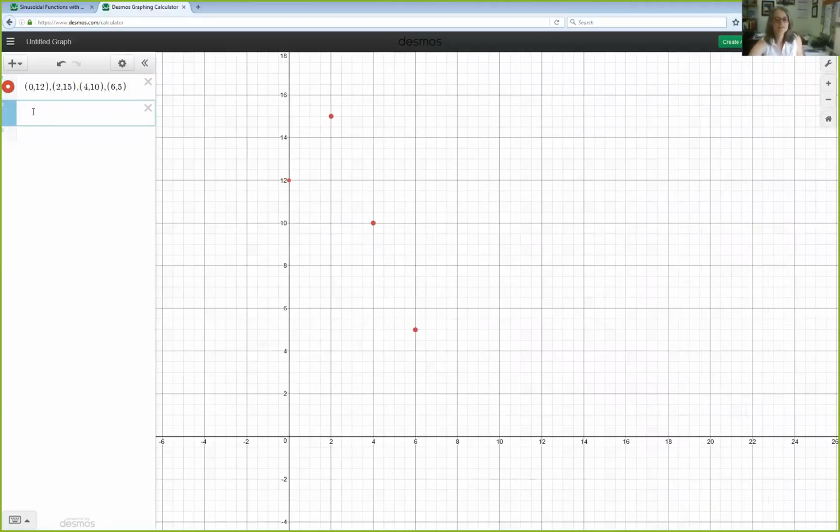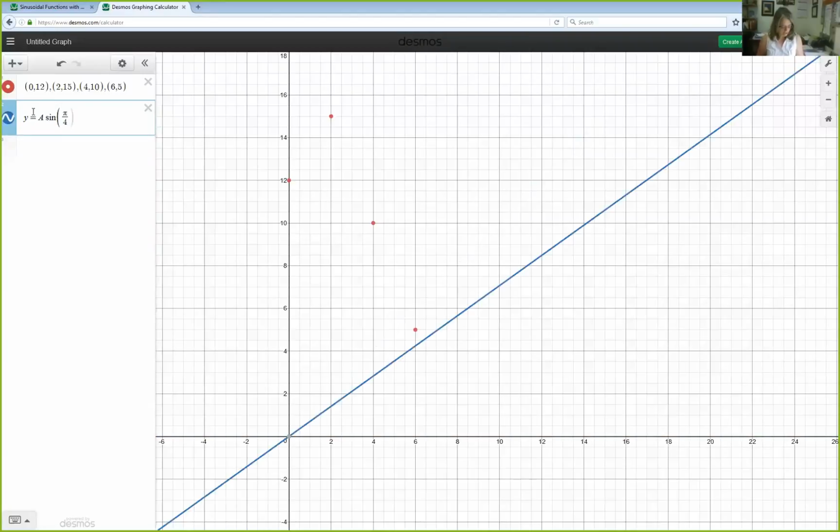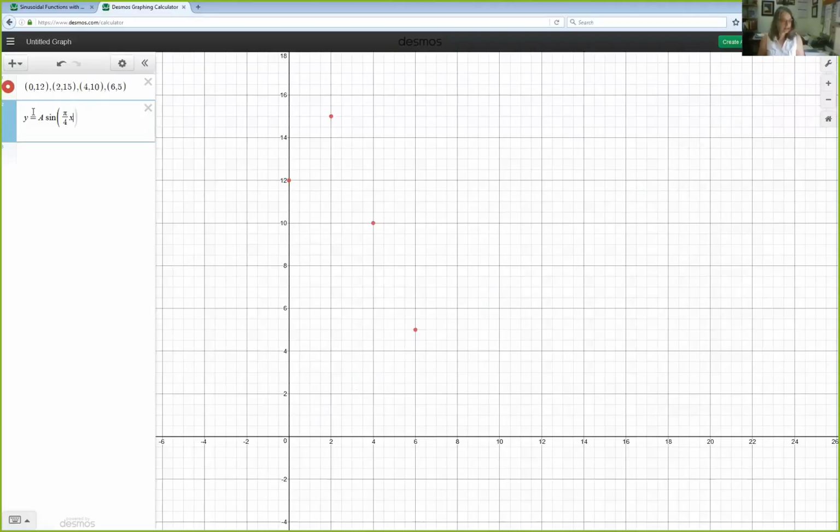Now we think that the function that will make this work, so let's just put this in with sliders. Y equals a times the sine of pi over 4, and here we're going to use x for our independent variable, plus mx plus b.